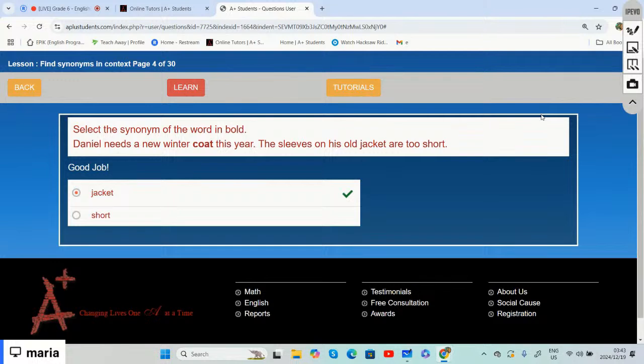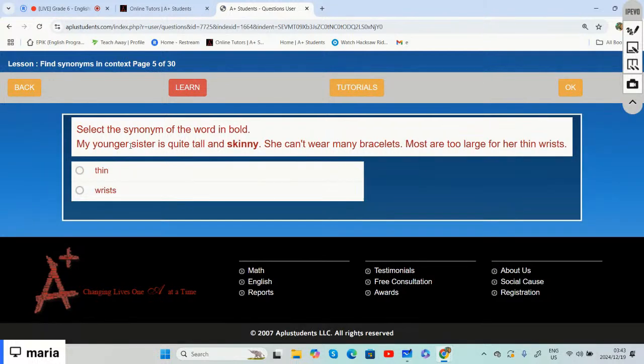All right, the next one says, my younger sister is quite tall and skinny. She can't wear many bracelets. Most are too large for her thin wrists. Skinny. What is another word for skinny? Is it option one, thin, or option two, wrist?